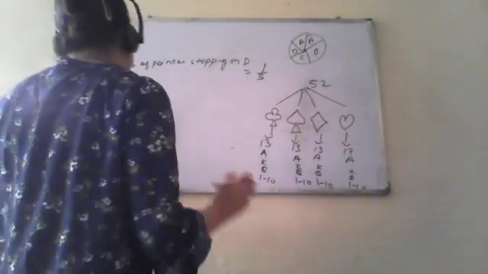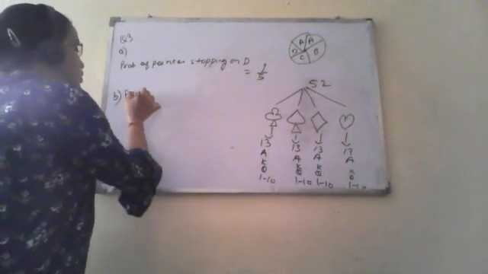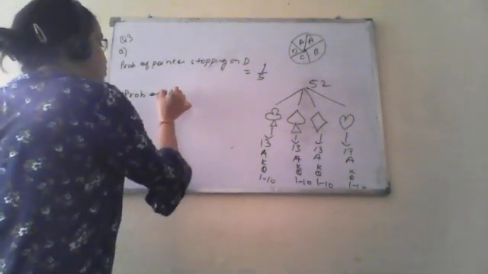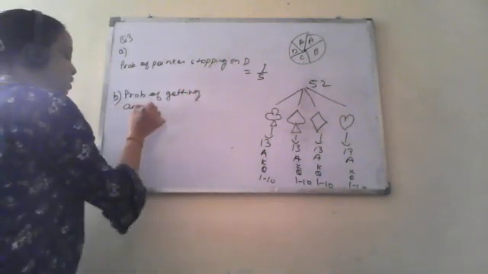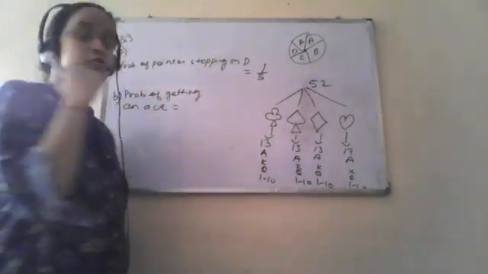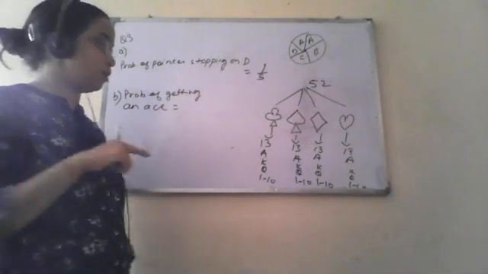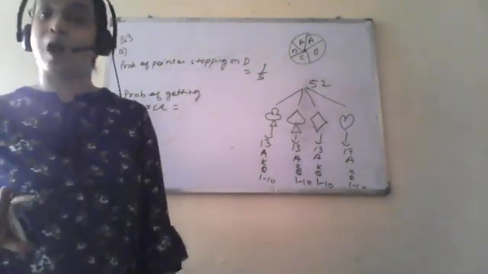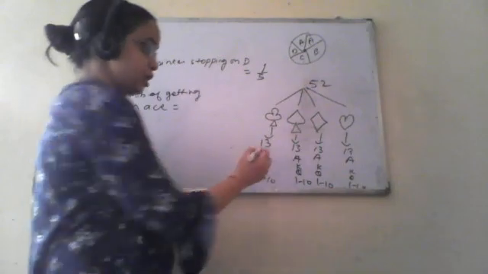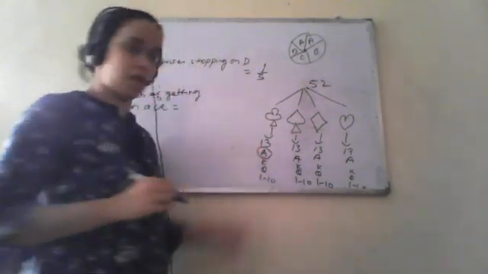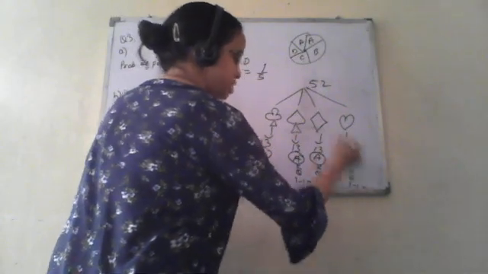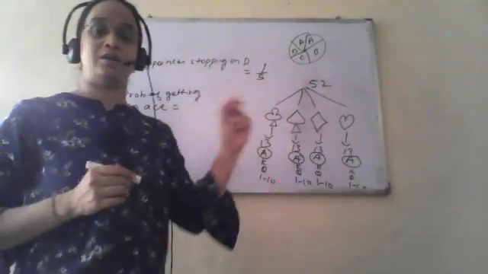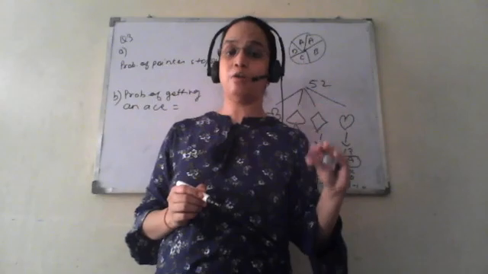So the probability of getting an ace will be the number of outcomes of getting an ace. So what are the outcomes of getting an ace? Either we can get it of this shape, this shape, this shape, or this shape. So there are 4 different shapes, and there are 4 different ace cards of different shapes.